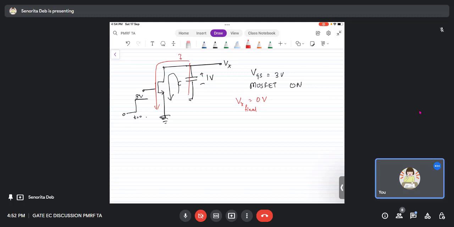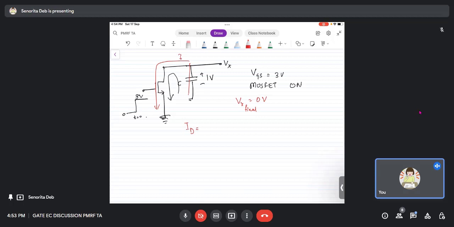Okay, so if directly some numerical answer type is asked, then you know the answer. If some graph is there, then you might have to do some calculation, or you might not have to do calculations also. We will see why. So I'm writing ID, starting with the equation where the MOSFET is in triode region.